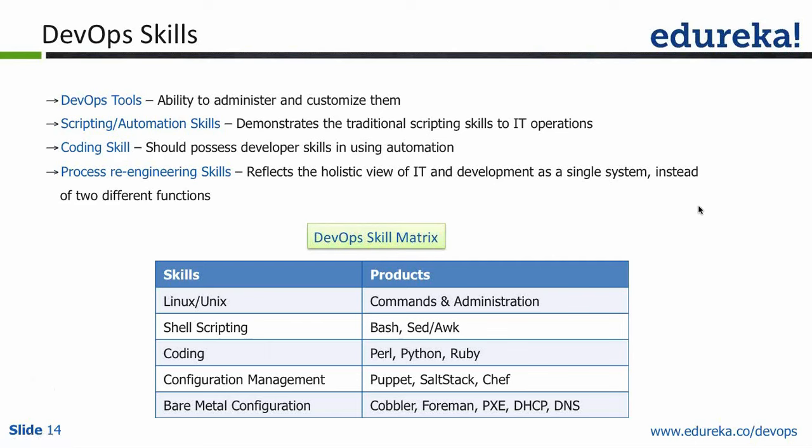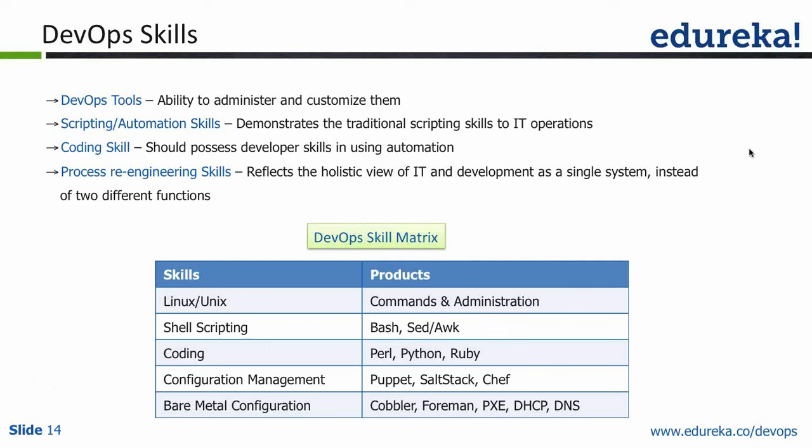Again, you may not be able to fix it, but detection of the problem becomes easy if you have some kind of coding skills, or at least if you understand what the flow is. So in case of, say, an outage, you are the one who faces and tries to resolve the issue. So if you have some coding skills, it helps you detect the problem faster.